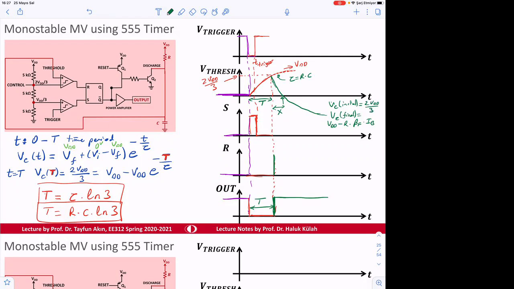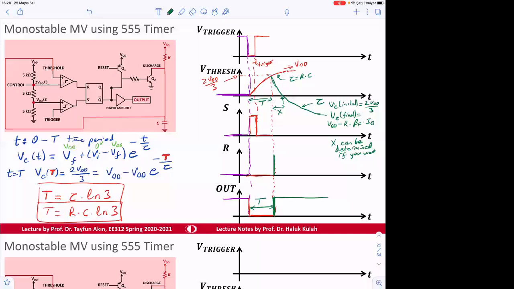So the time constant here is tau. So you can also find X. X can be determined if you want.